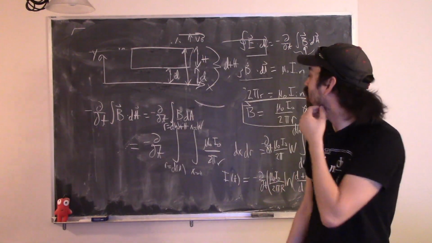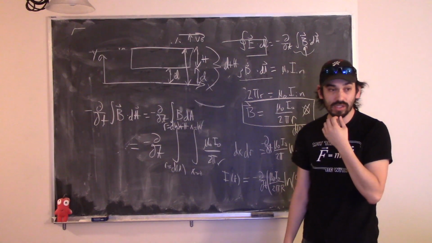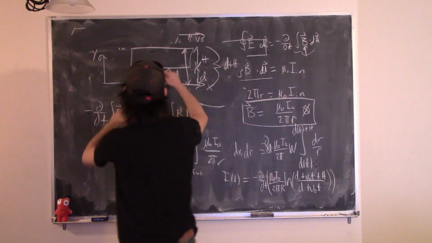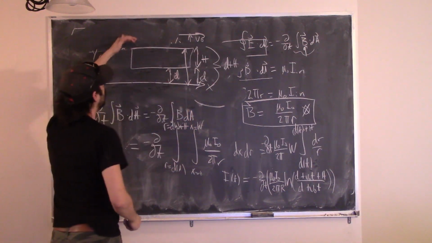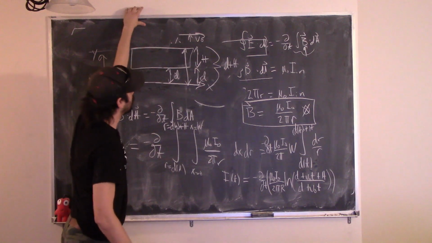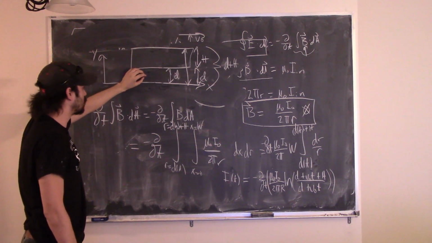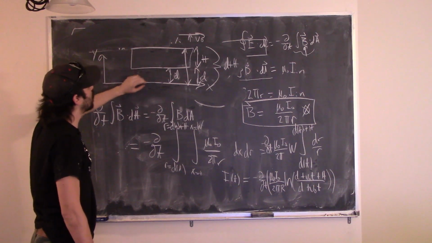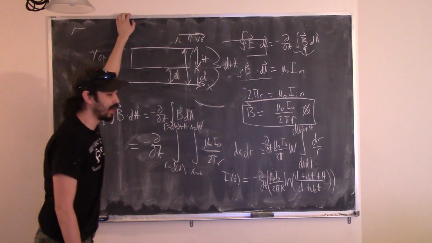Because it's not that the magnetic field is changing as a function of time. It's that the magnetic field varies with distance. So the further away I am from this wire, the lower the magnetic field is. So if I'm all the way up here, I have a small magnetic field. I'm really close to the wire, I have a large magnetic field. And so the loop is going to be moving from a region where there's a large magnetic field to a region where there's a small magnetic field.